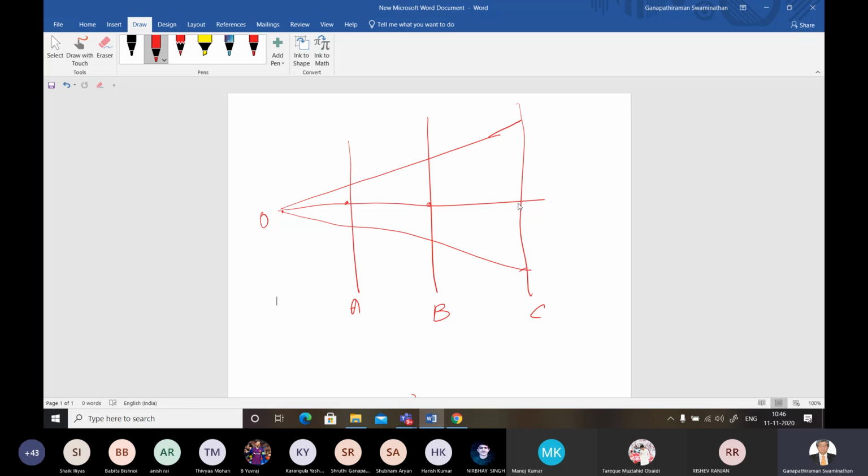Depending upon that, we say we have C1, C2, P1, P2, A1, A2, and this angle is beta. So OA by A1A2 is equal to OB by B1B2 is equal to OC by C1C2.